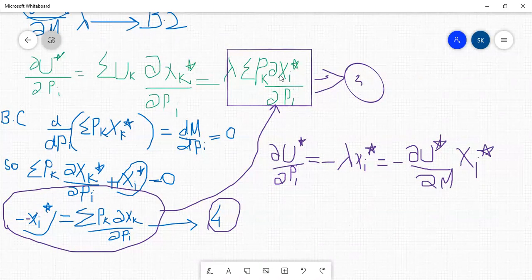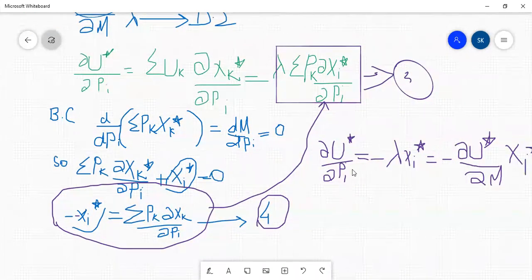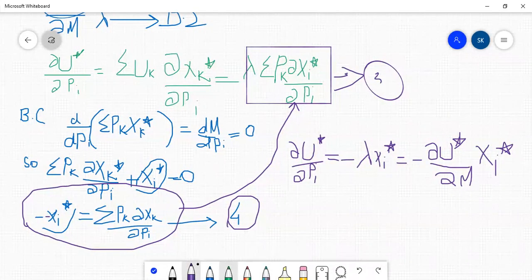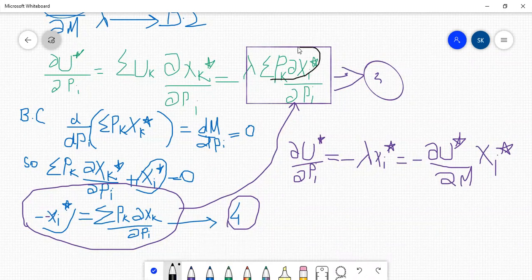Okay, clear? Now this pk curly xi star is equal to x minus xi star. Therefore, we have written minus xi star over here.